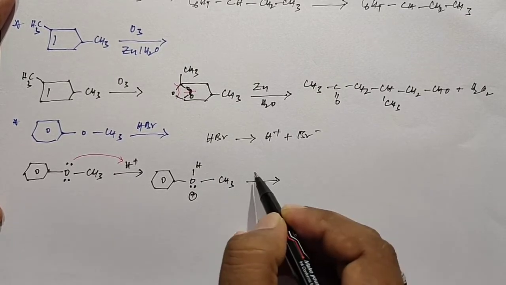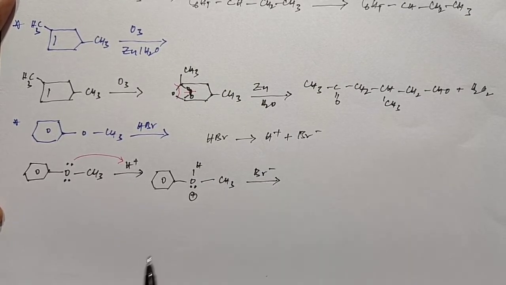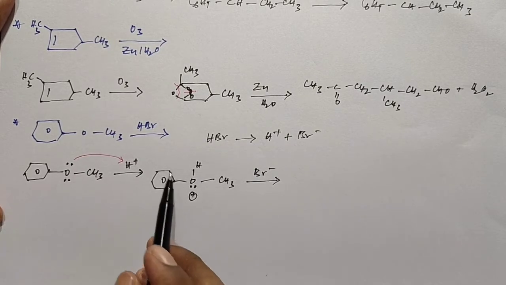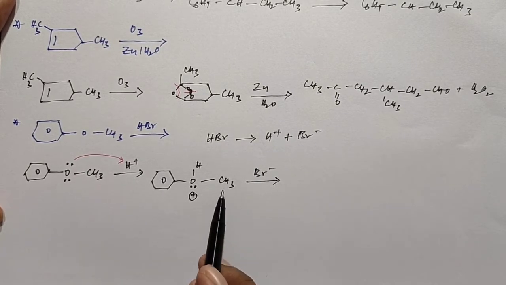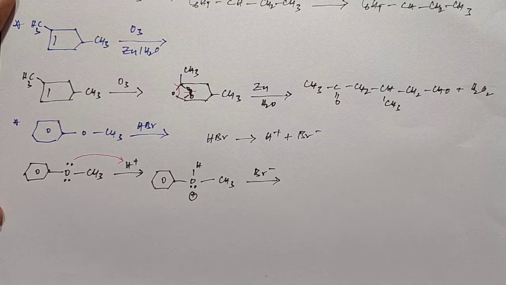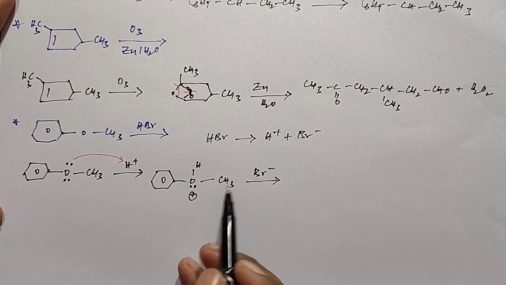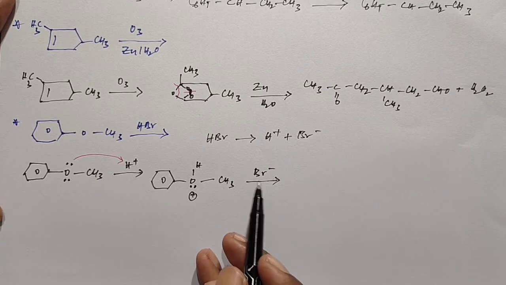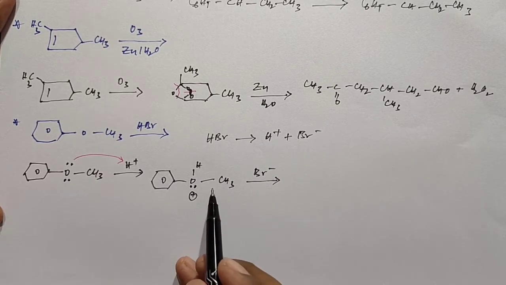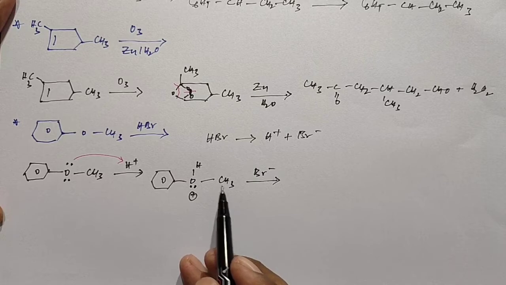After that it reacts with the bromide ion. At that time, when compared to the phenyl and methyl group, the methyl group has more donating nature, so it is an electron donating group. Here the phenoxide is more stable when compared to the methyl group.